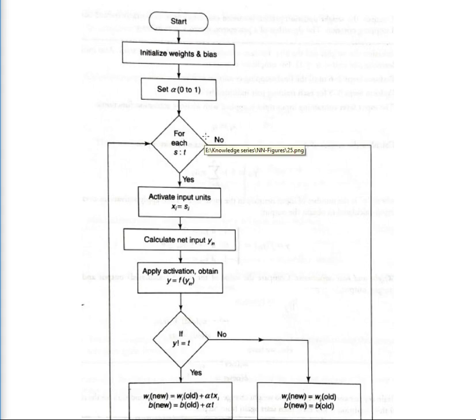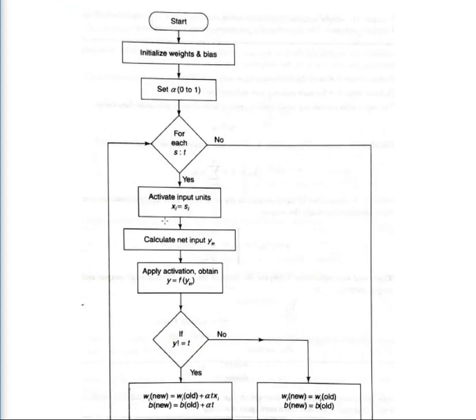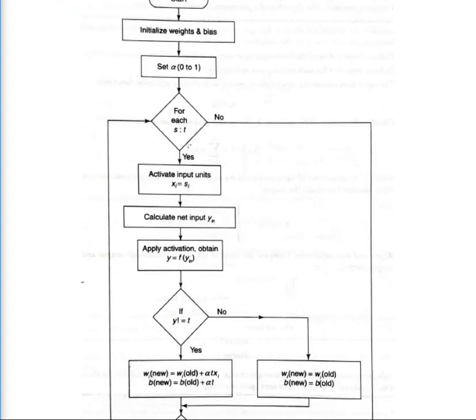So if you want to obtain s equal to target, we follow these conditions. If s is equal to target, you can directly terminate. But if it is not equal to t, then what is going to happen? We represent y in terms of y equal to t.